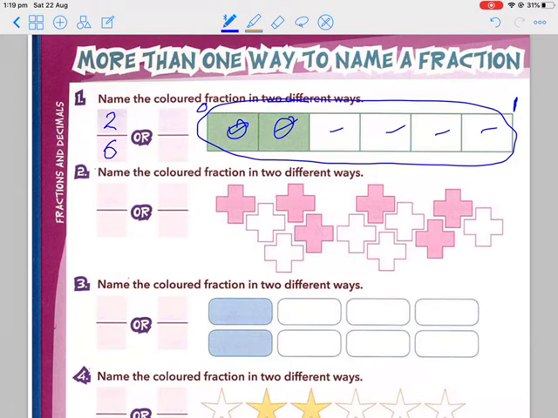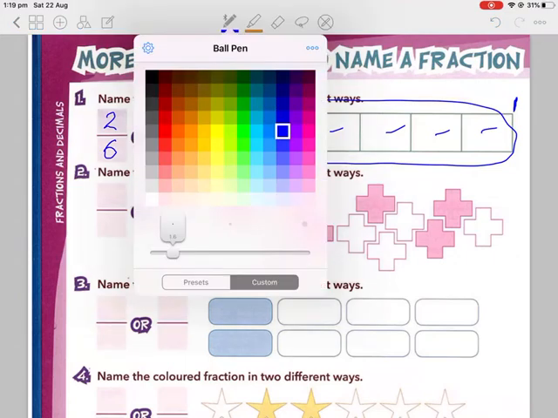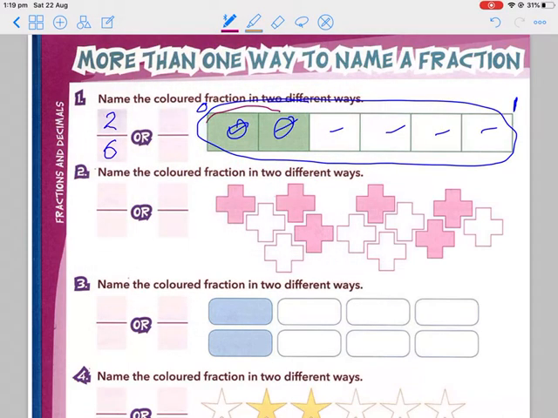So what I'm going to do is circle in a different colour, of course. I'm going to circle the 2 that we have, and if I use that as one unit now, that is just one group, and then I can circle another group.